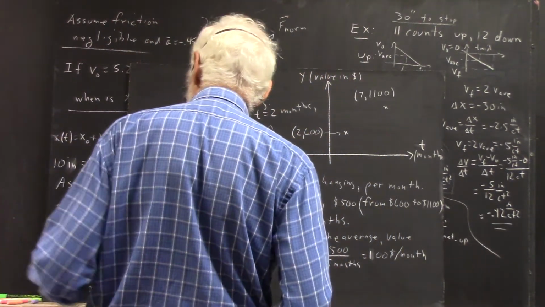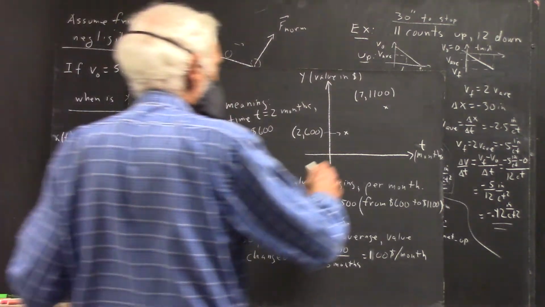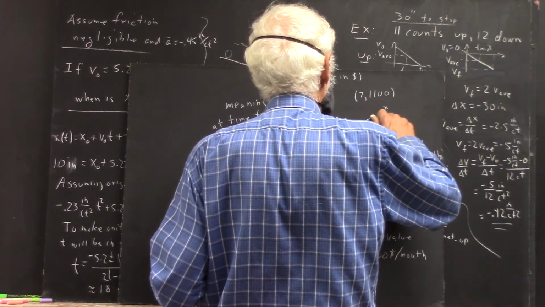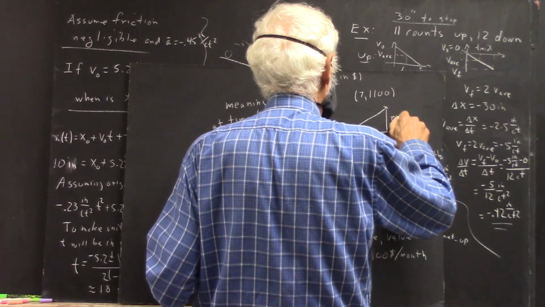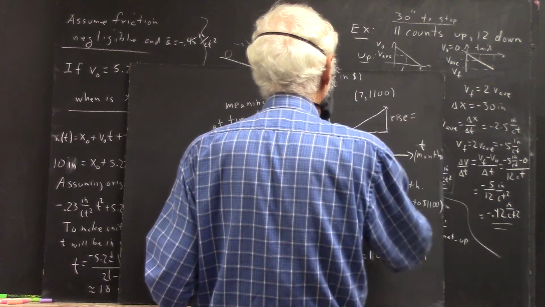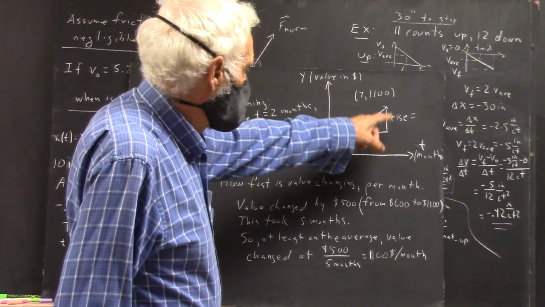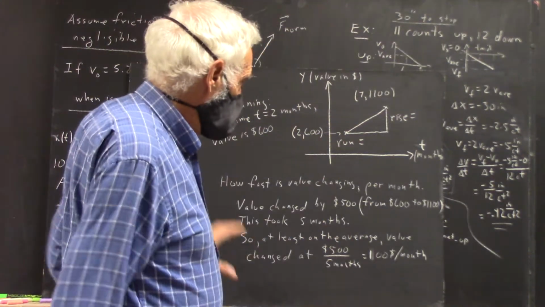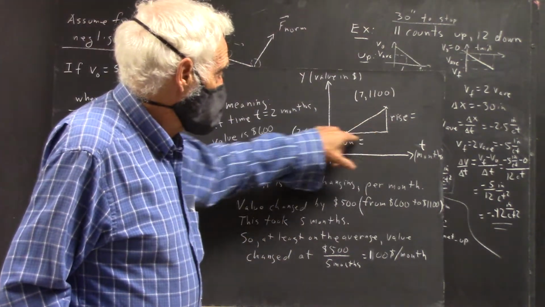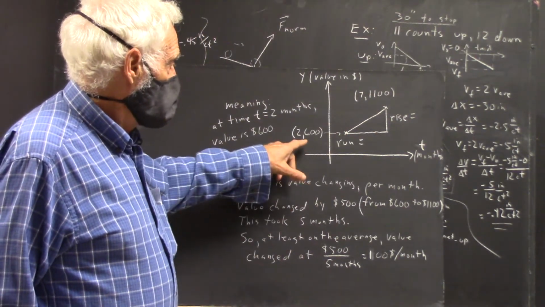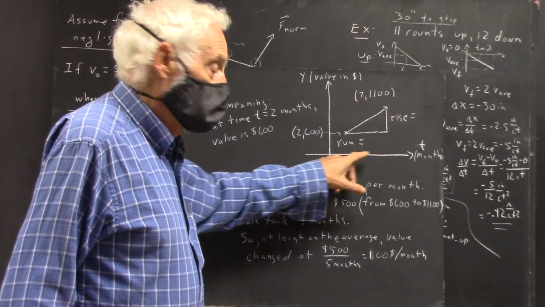Now let's see how this is related to slope. Just draw this triangle. You don't have to copy down everything on the board, so we want to do this quickly. Just copy this triangle, include the (2, 600) and the (7, 1100), and fill in what's the rise and what's the run.